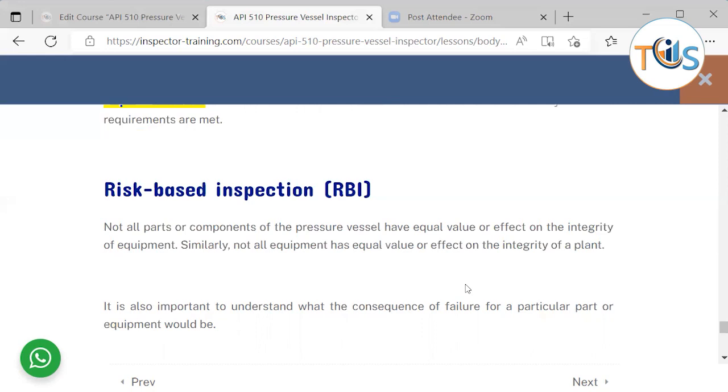For example, there is a vessel rupture that can shut down the whole plant, but then the probability is very low. It's like flying in an airplane where a jet engine fails, which is a catastrophe, but the probability of all the engines failing is very low. So as you can see, the risk is much lower than driving a car.